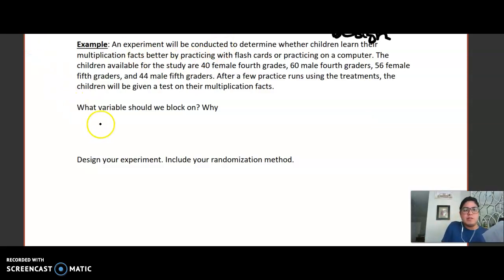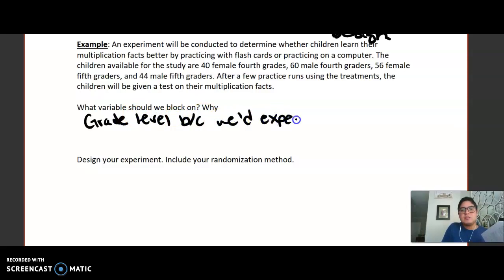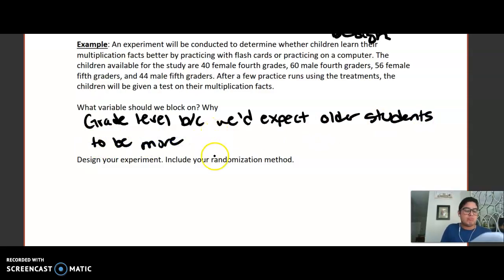So what variable should we block on? We'll block on grade level because we'd expect older students to be more developed in their learning.